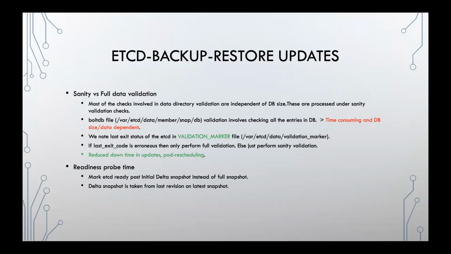Then regarding readiness, once ETCD is restarted, we used to take a full snapshot of ETCD, and only then we used to mark ETCD backup restore as healthy, or eventually ETCD as ready to serve the API server. Till that time, ETCD was unready, so the API server used to get into crash loop backoff because of ETCD unavailability. Now, thanks to Shreyas for coming up with the idea that we take a delta snapshot initially, which is basically we start a watch on ETCD from the last revision of the latest snapshot, and we take a delta snapshot.